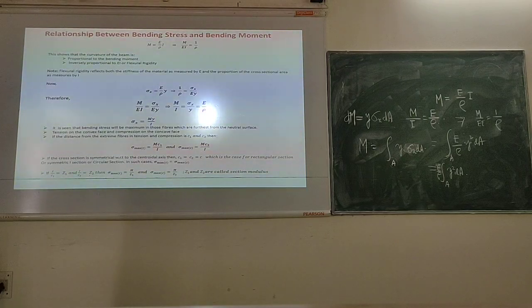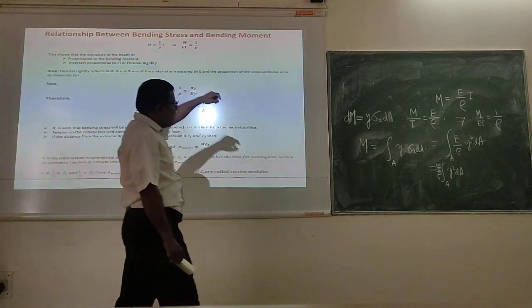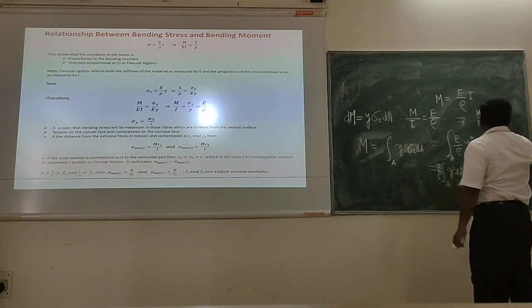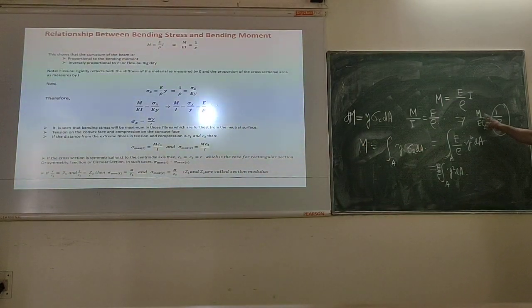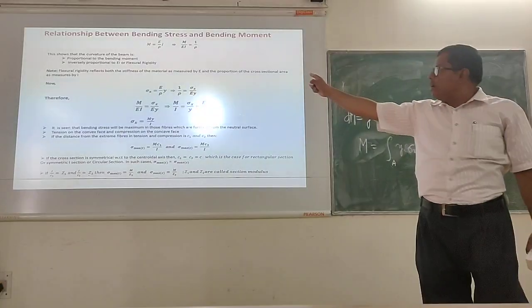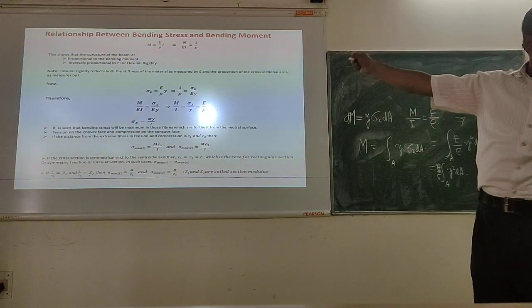E is the modulus of elasticity, I is the moment of inertia, and EI is a term which we call flexural rigidity. This equation shows that the curvature of the beam, which is 1 by rho, is directly proportional to the moment, or vice versa.